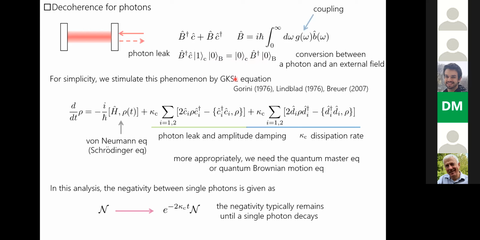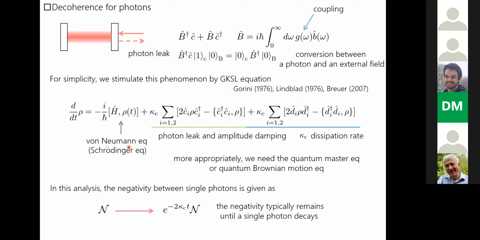Under this interaction, the following master equation is obtained by performing the Markov and the rotating wave approximations. The first term is the von Neumann equation given by the Hamiltonian of our model. And the second and third terms correspond to the non-unitary part, which represents the photon leakage and amplitude damping.